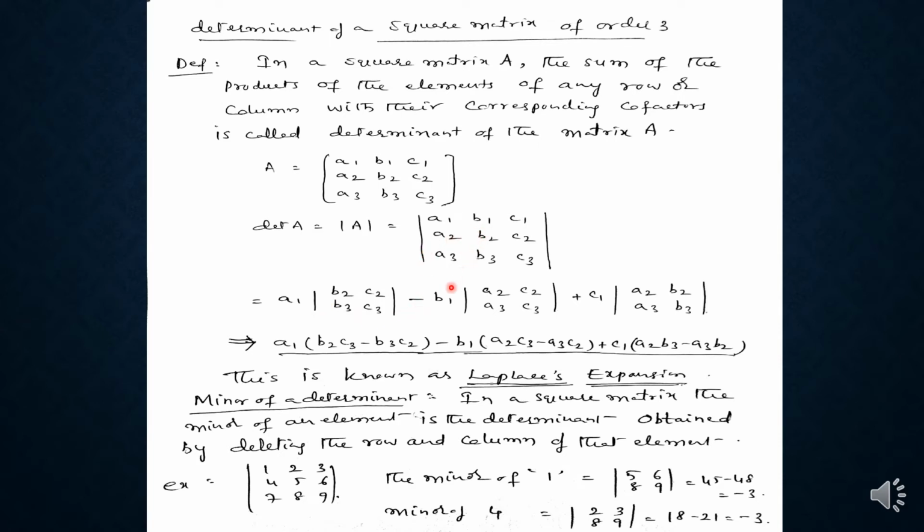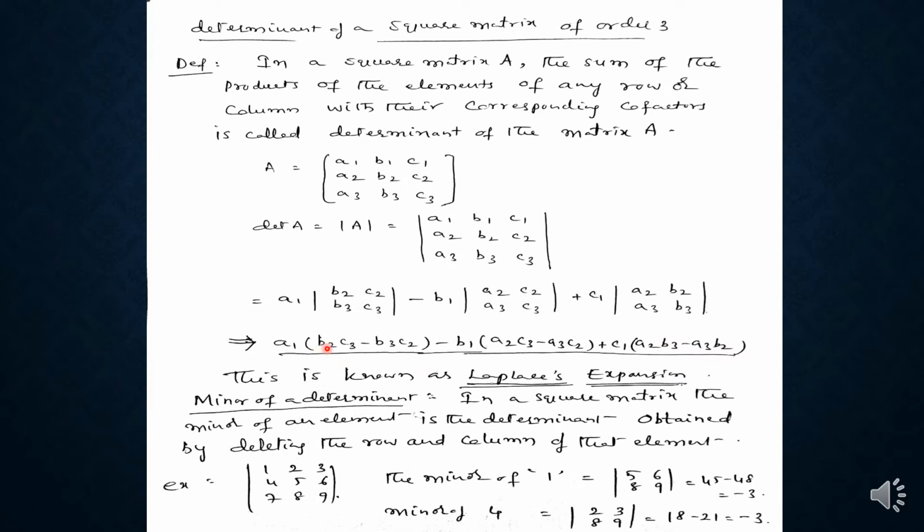In the cofactor we will get minus, so minus B1 into A2 C2 A3 C3, plus C1 into its cofactor A2 B2 A3 B3. So that is A1 into B2 C3 minus B3 C2, minus B1 into A2 C3 minus A3 C2, plus C1 into A2 B3 minus A3 B2.